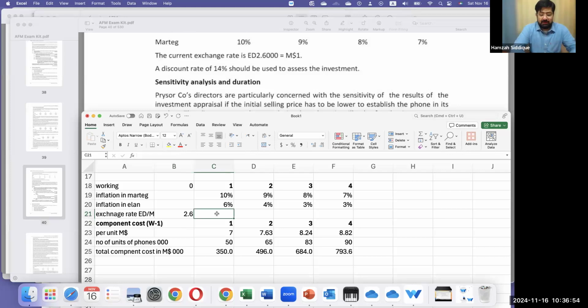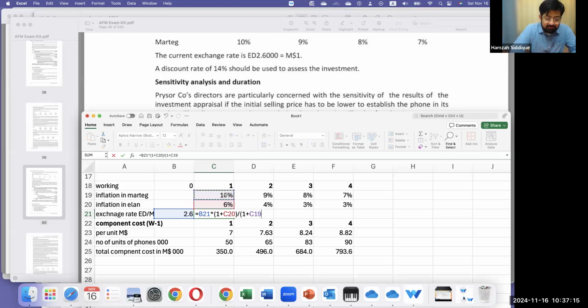Now, purchasing power parity theory. Current spot rate, this into 1 plus the first currency, Elan, inflation divided by 1 plus inflation of Maltech, the second currency.